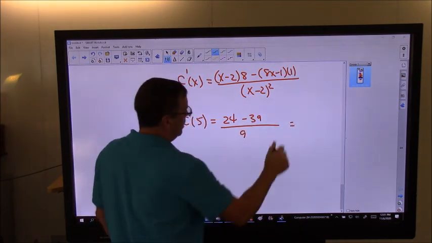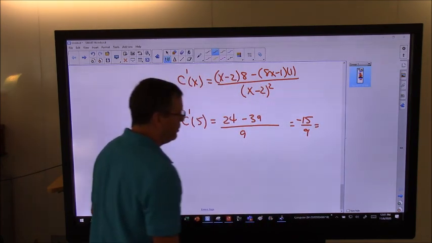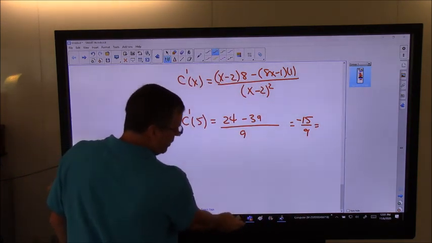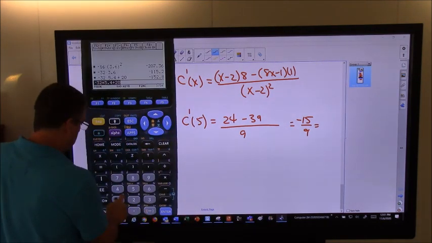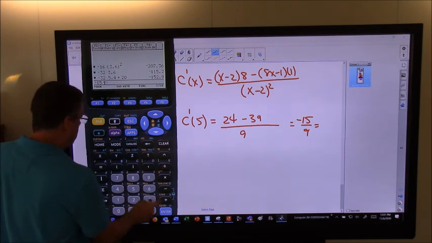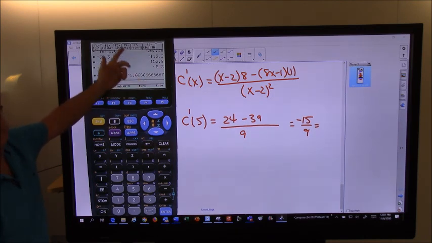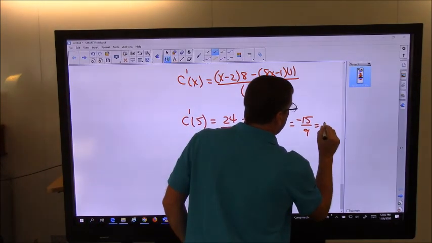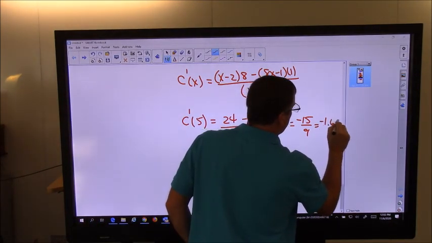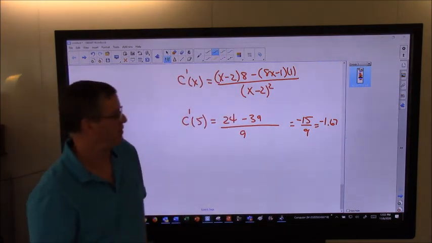So this is going to be negative 15 ninths, which as a decimal number, let me just check that real quick. Negative 15 divided by 9. So a negative 1.667, we'll call it. Or if you want to, a negative 1.67, if I'm talking about money, it's a cost, right?